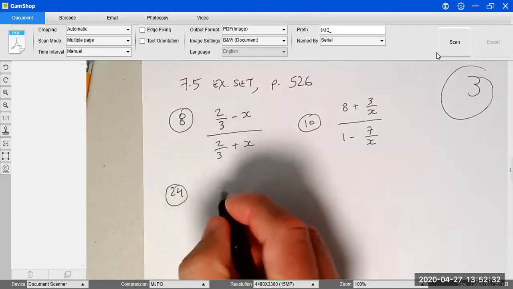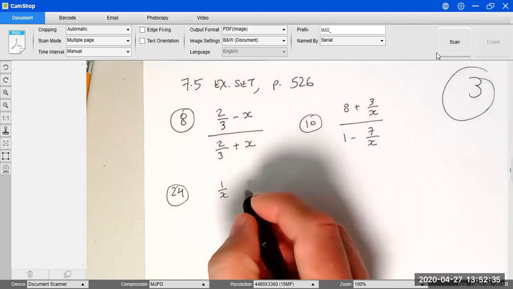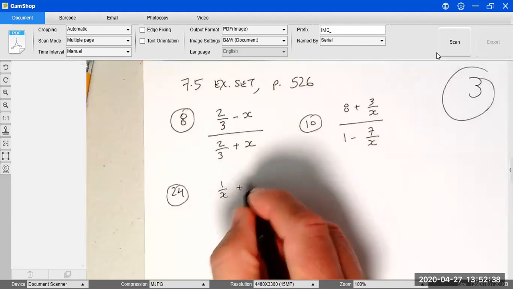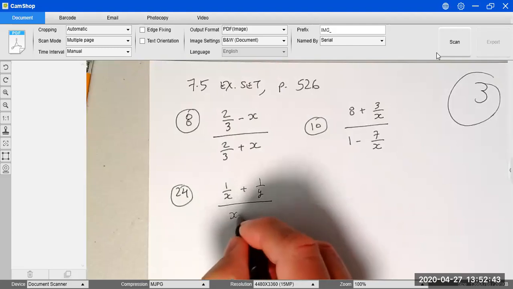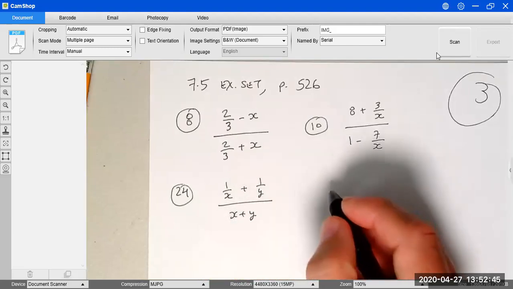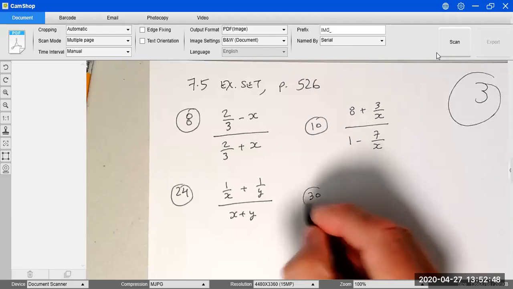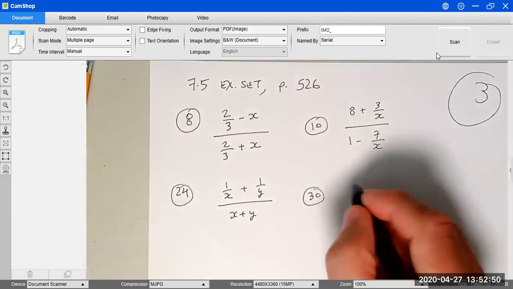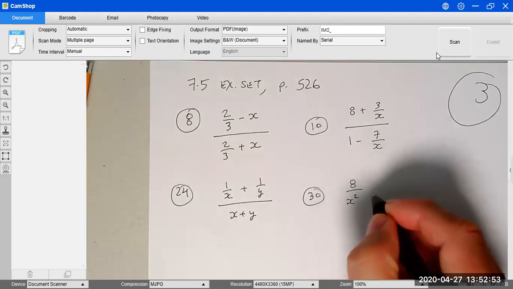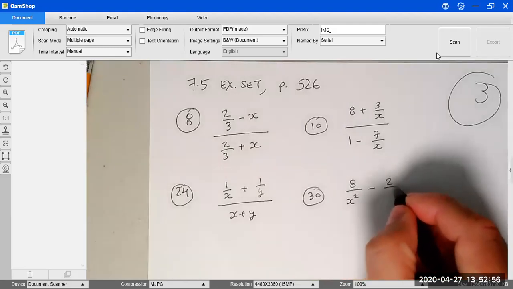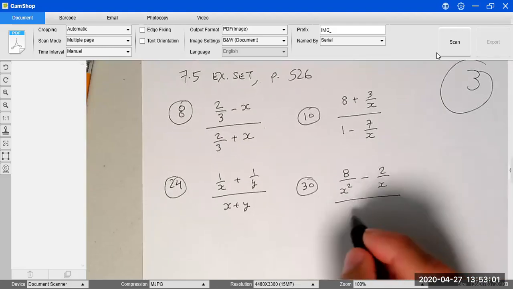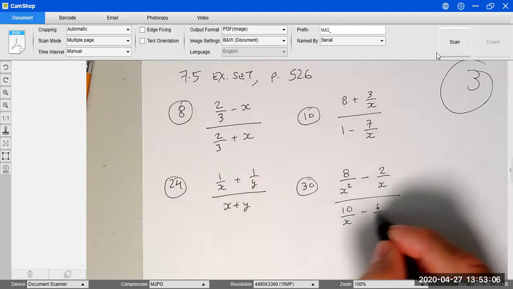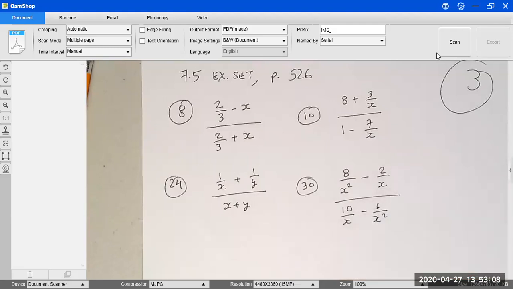Problem 24 is 1 over x plus 1 over y, over x plus y. Then we have problem 30, which is 8 over x squared minus 2 over x, divided by 10 over x minus 6 over x squared.